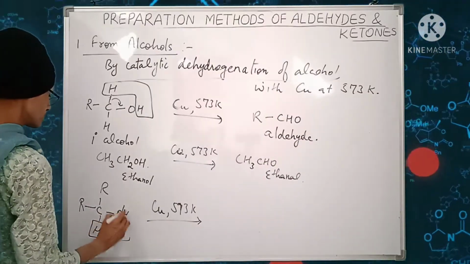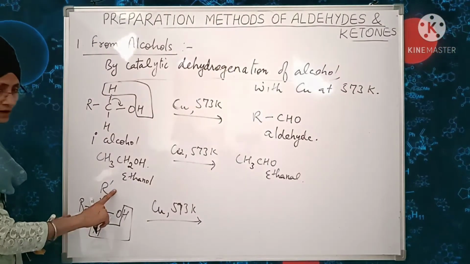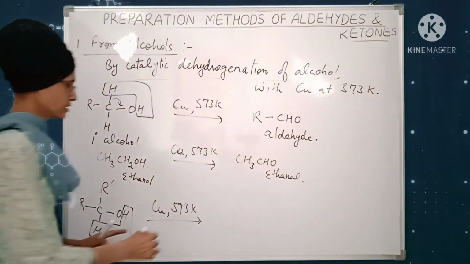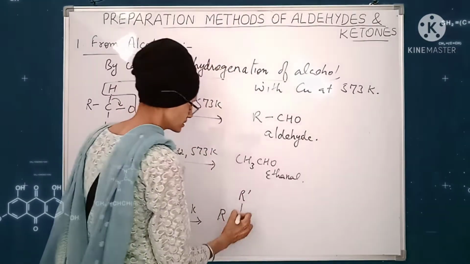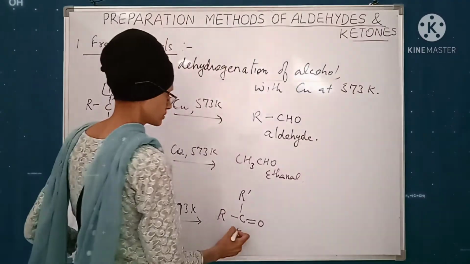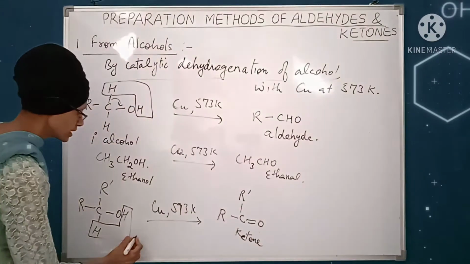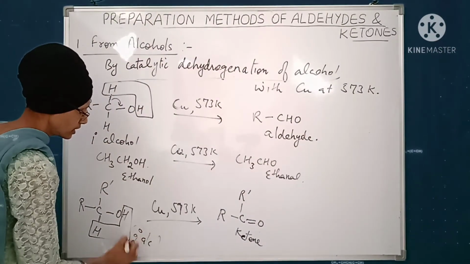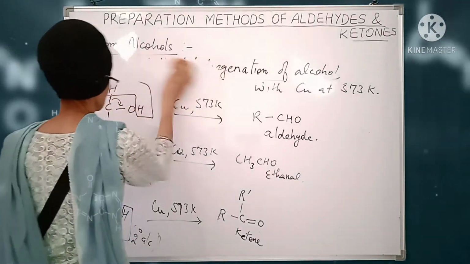Again there is dehydrogenation and we get a ketone. If both the R groups are different, you can write R and R dash; if both are the same, we can write R and R. One is an R group, the other is R dash, meaning one is methyl, the other is ethyl, like that. This is a ketone. So 2-degree alcohols give ketones.